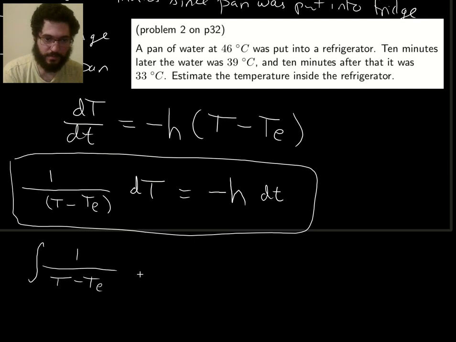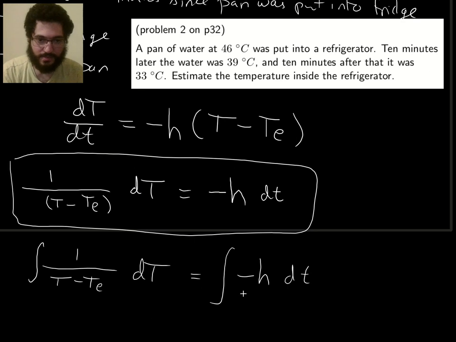So I'm going to put on some integral symbols, but I'm not finished. They're going to end up being definite integrals. So I'm going to put stuff here, here, here, and here. That's what I mean by definite integrals.